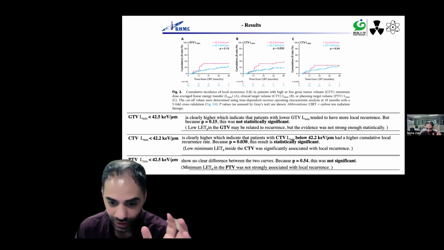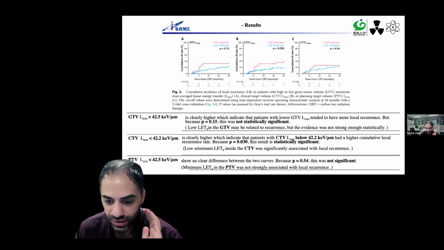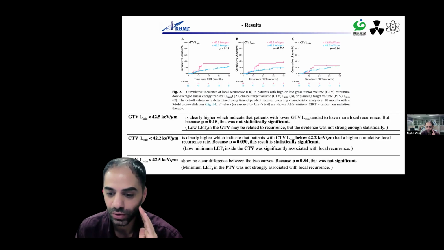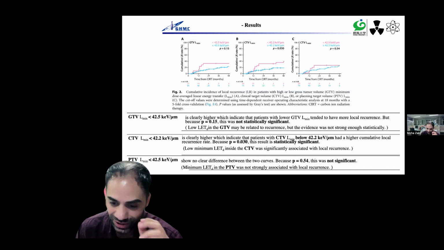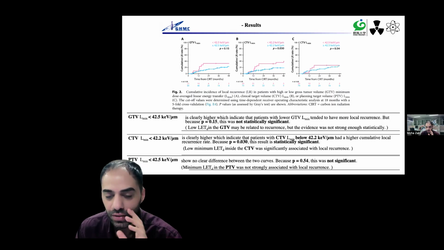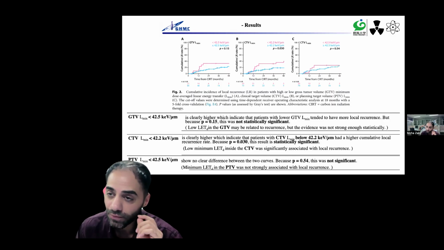Only the CTV low minimum showed a statistically significant association with local recurrence, with a cutoff value of 42.2 keV per micrometer. This suggests that insufficient dose average LET inside the CTV might contribute to local failure.